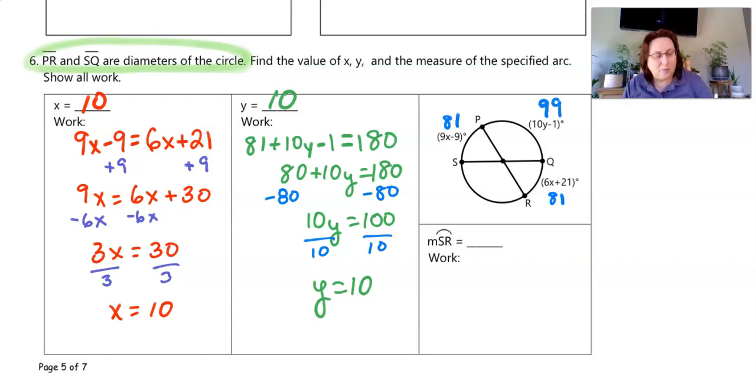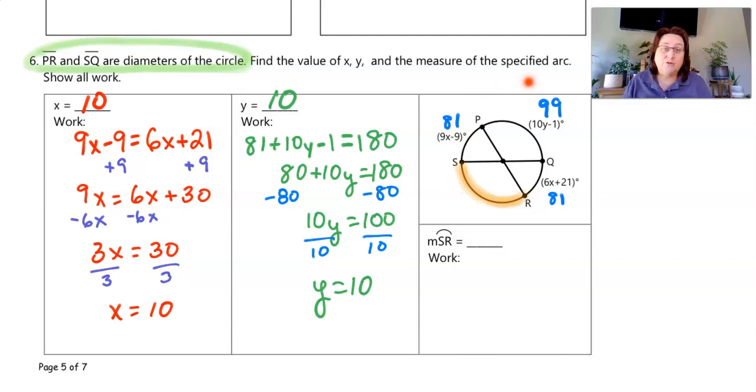But how does that help us get closer to what we need? It's asking us for the measurement of arc SR. That is the next thing it's asking us to find. There's a couple ways we can do this. You can use what you know about vertical angles. You can also use what you know about the diameter in a circle.